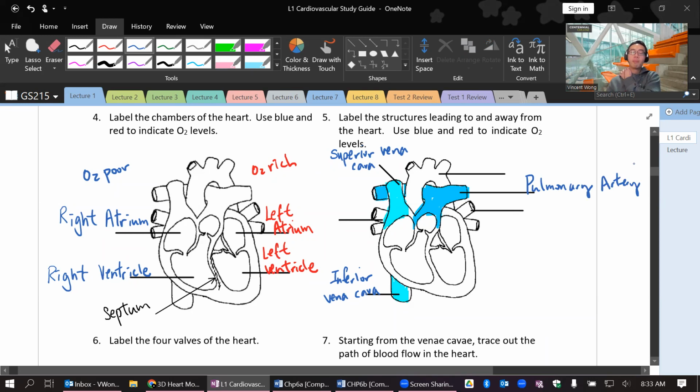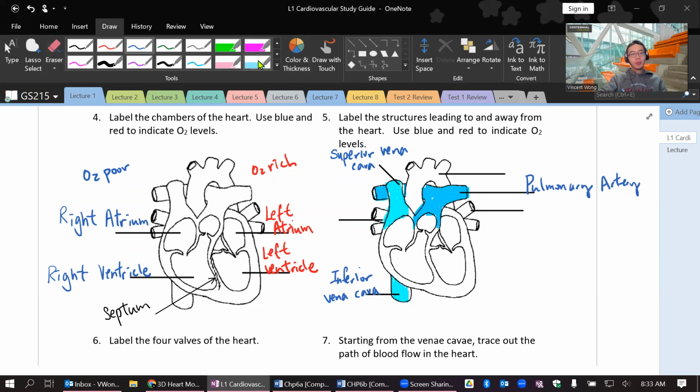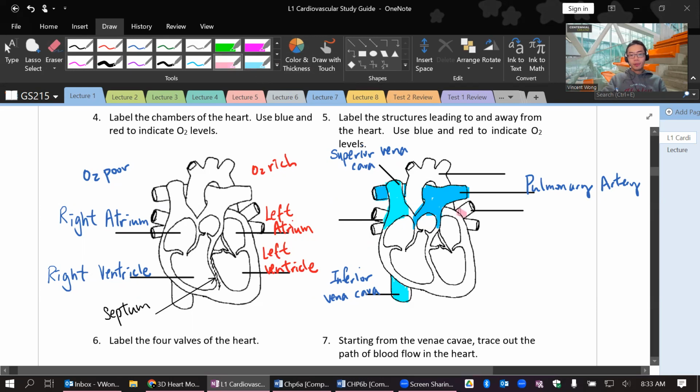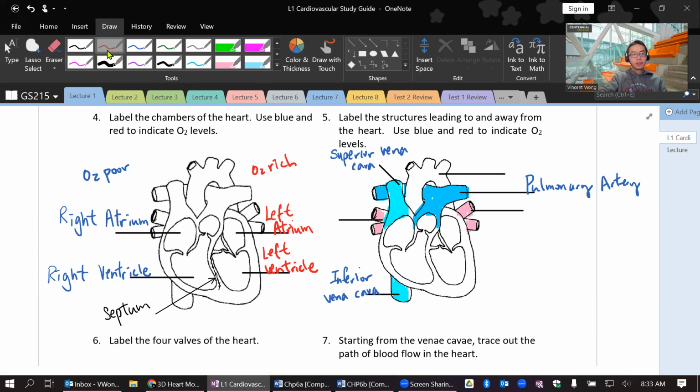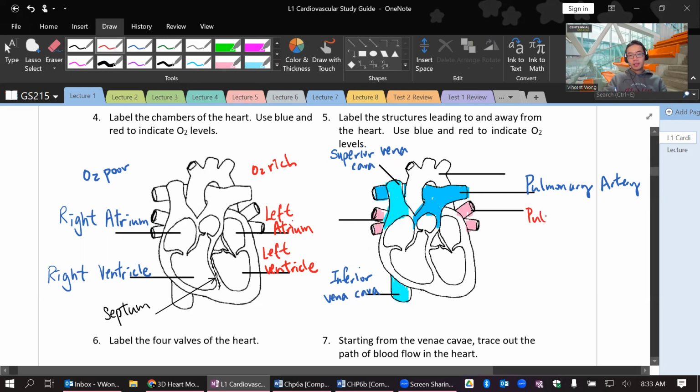This is part of your pulmonary circuit. And then the blood will come back through the pulmonary veins, on the left side as well as the right side.